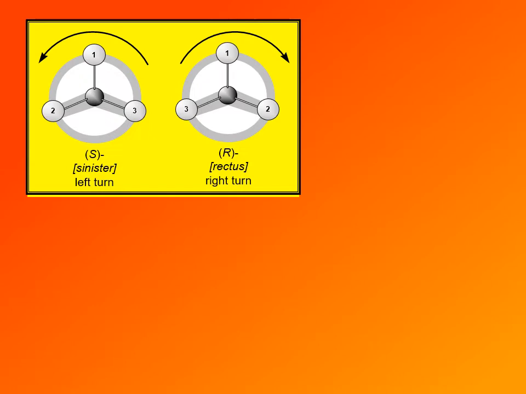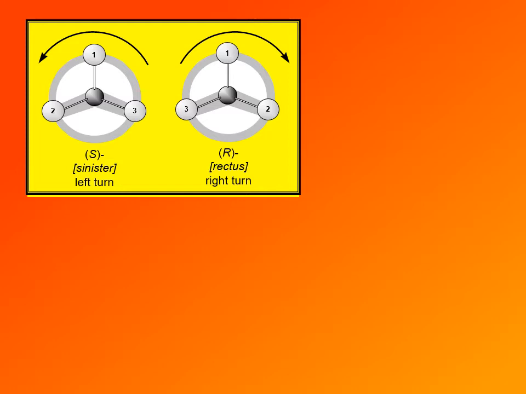And now that we have designated priorities 1 through 4, a good idea is to make a model, although very soon you will be able to determine RS configuration without a model. So you make a model and you place substituent 4 away from you, so that you look at the chirality center in such a way that substituent 4 is eclipsed by the chiral atom, so that you don't see substituent 4.